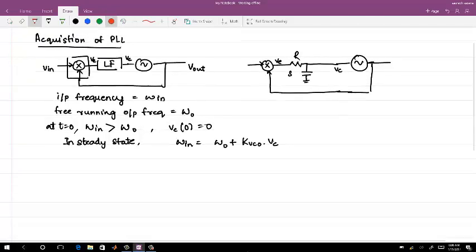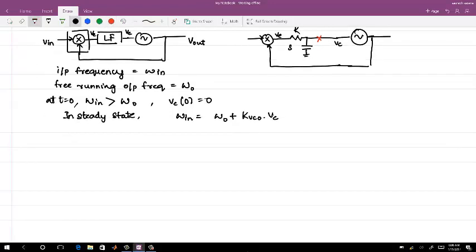Before that, let's consider part by part. Let's say this connection is not there, and it is not connected to the VCO. At that time, what is your V error?